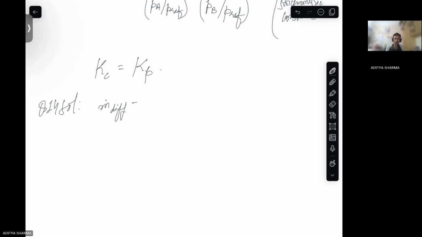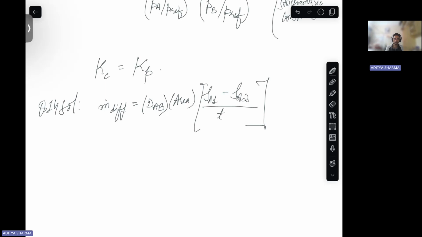Rate of mass diffusion is equal to DAB, then the area of cross section, then the density initially, the density at the end, and this. Now DAB is given to us, area we have to find, rho A1 is given, rho A2 we will consider 0.